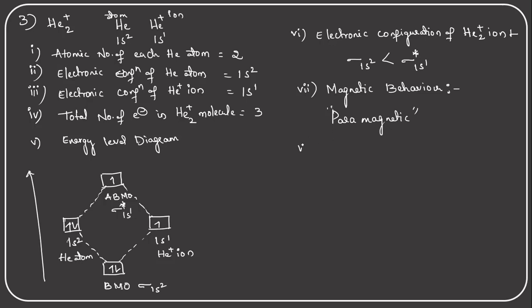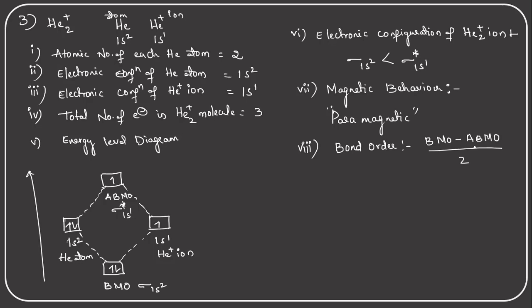So, what will be our next point? That is the eighth point, bond order, right? Bond order. And what will be the formula for bond order? The number of electrons present in the bonding molecular orbitals minus the number of electrons present in the anti-bonding molecular orbitals, divided by 2.